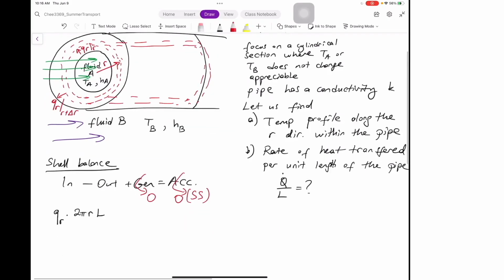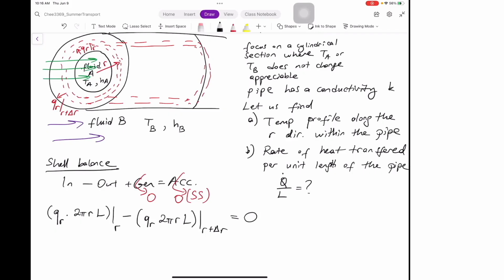So that folded region has an area of 2 pi rL. And you calculate this for r is equal to r, minus the out one, QR 2 pi rL at r plus delta r, is equal to 0.